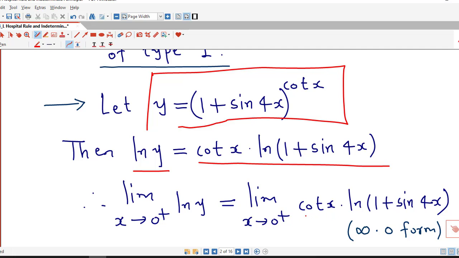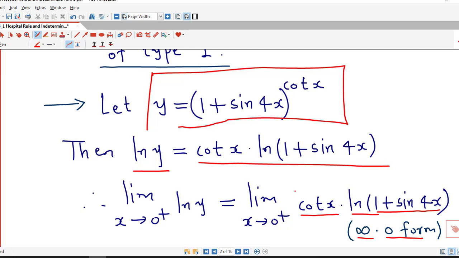Now again, if we take x equal to 0, here we will have cos 0 over sin 0, that is 1 by 0, which is infinity. And if we put x equal to 0 here, we will have log of 1 plus sin 0, and sin 0 is 0, therefore this is log 1, and log 1 is 0.